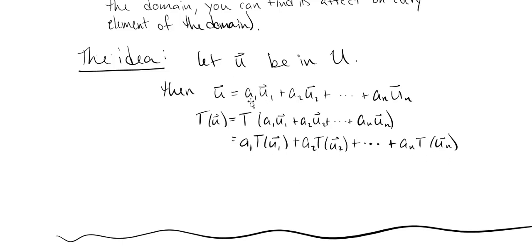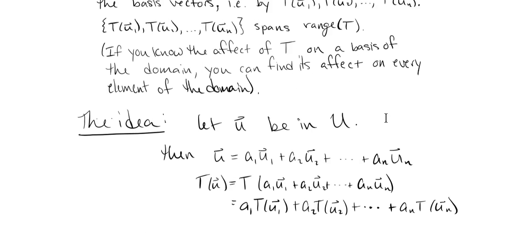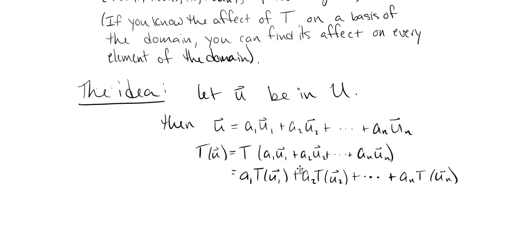So if I needed A1 in the U1 direction to make up my U vector, I need A1 in the T of U1 direction. However much of U1 I need, that much of T of U1. So this is what the theorem is saying: the effect of T on U amounts to the effect of T on the basis vectors of U, as we're seeing here.